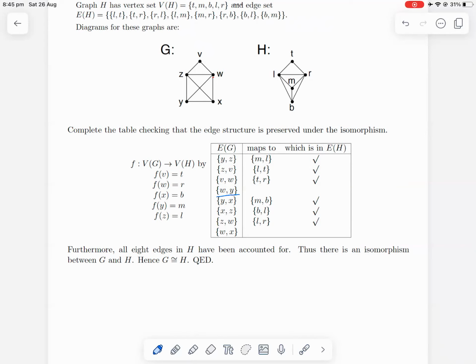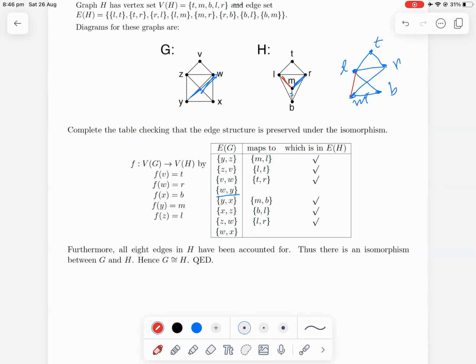If I have WY here, then it should be RM definitely, because if I can stretch this one, and L, T, R, B. So this one is here, and this one is for this one.